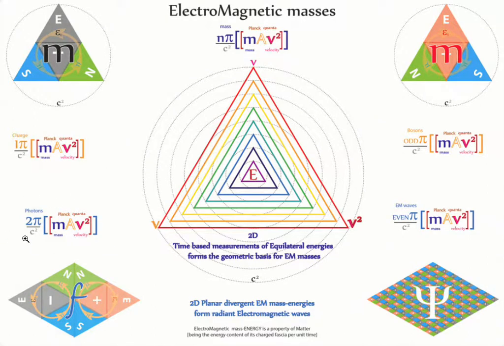Again, photons themselves are 2 pi, as in 2 Planck quanta, to form the complete frequency set of photons, and electromagnetic waves being made up of photons are all even-numbered geometries. In the case of a single geometry, if you were to measure the longitudinal cross-section in terms of frequency or photons, you would in fact find you have half frequencies along the bottom, because this geometry is an equilateral. It's not a 2 pi energy geometry. And again, obviously, the photons themselves are positive and negative charged masses or Planck quanta.